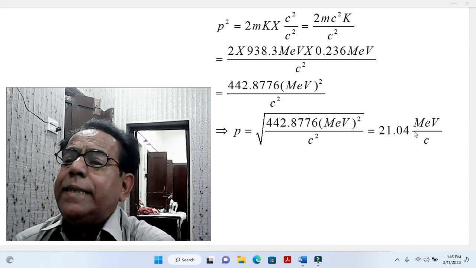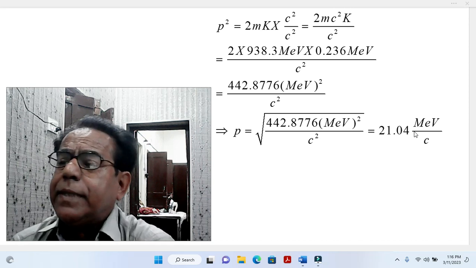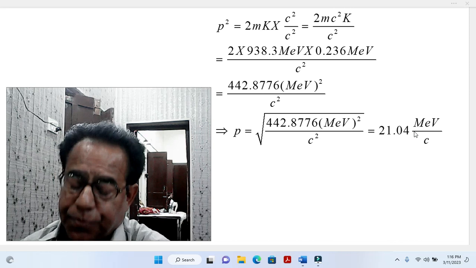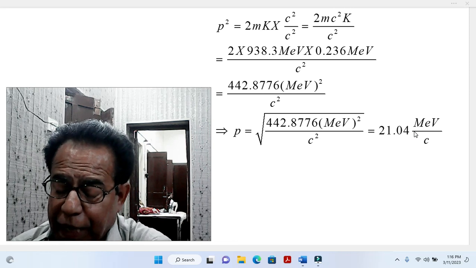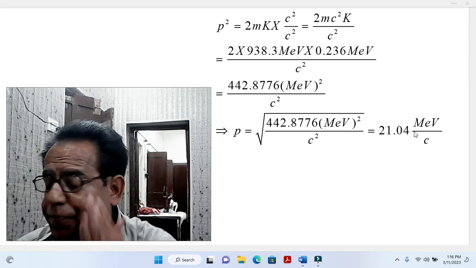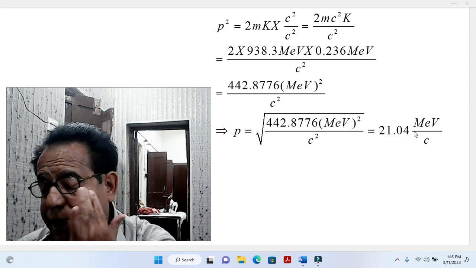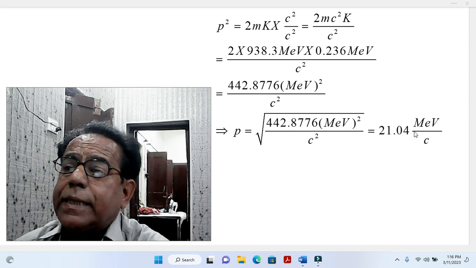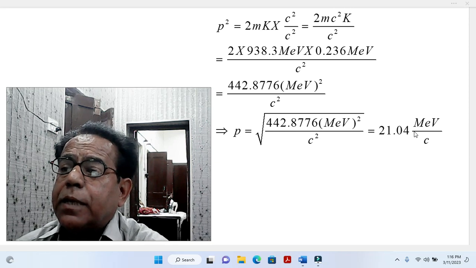Then in the next step, in place of mc square we apply our tool, in which the value of mc square for a proton in terms of million electron volt has been given as 938.3 million electron volt.